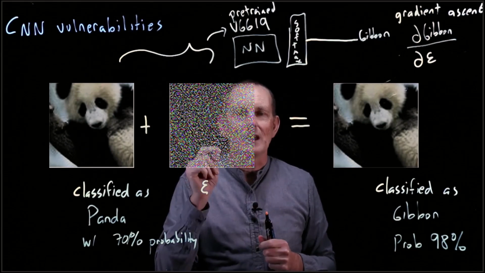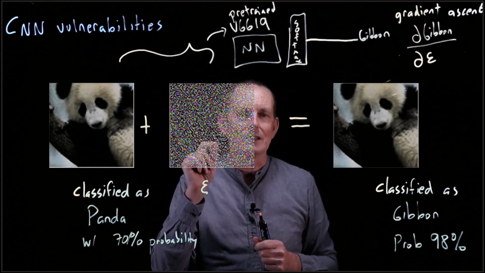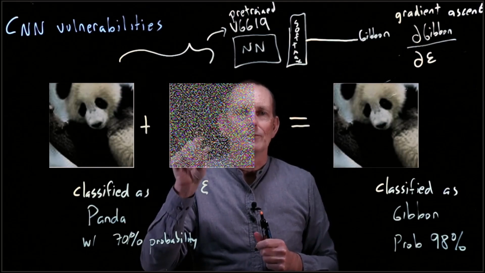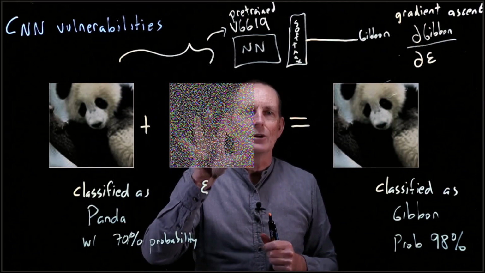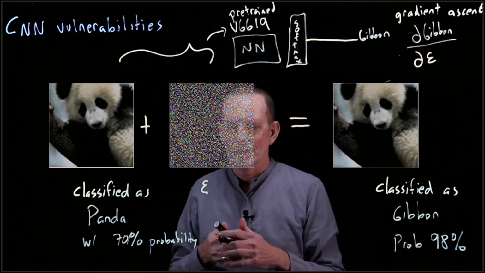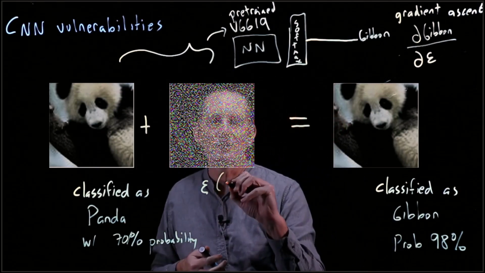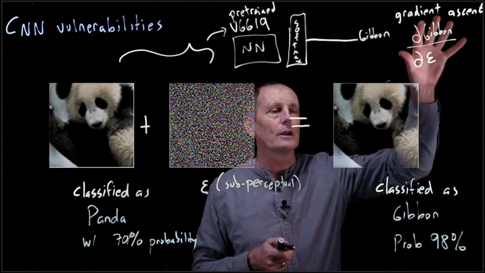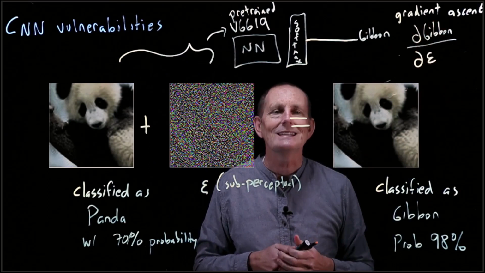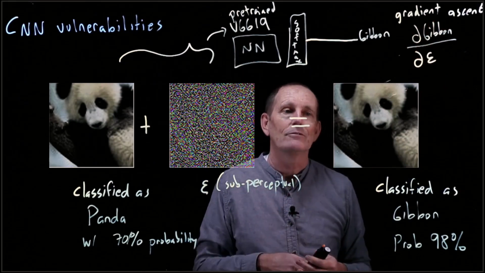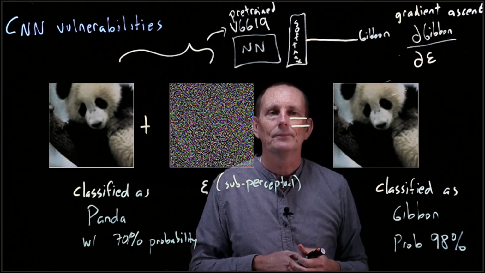I don't think we'll be able to perceive a 1% difference in RGB. That'll basically ensure that this is sub-perceptual, and that'll be our constraint as we're doing our update in our gradient ascent. Sub-perceptual for humans, not for neural networks, unfortunately.